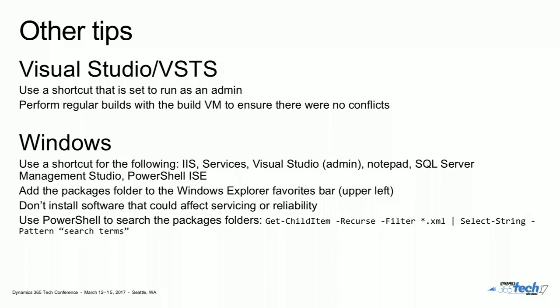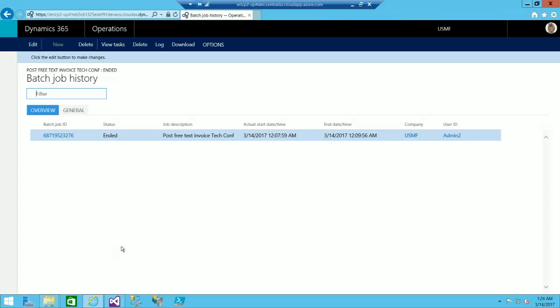Let's see, regular builds. So I usually pin a shortcut on my VM for IIS, services, Visual Studio, Notepad, SQL Server Management Studio, and PowerShell. So here's PowerShell.